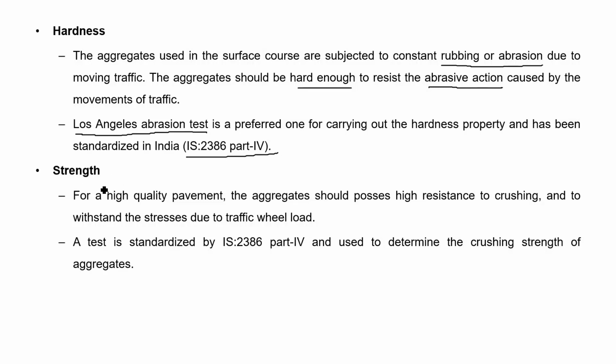As far as the strength of aggregate is concerned, for a high quality pavement, the aggregate should possess high resistance to crushing, such that it can withstand the stresses due to traffic wheel load. So, to check the strength property of the aggregate, a crushing strength test is done, which is specified in code IS 2386 part 4.